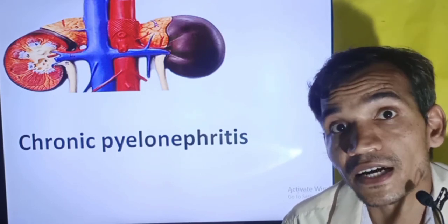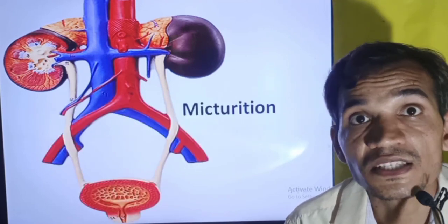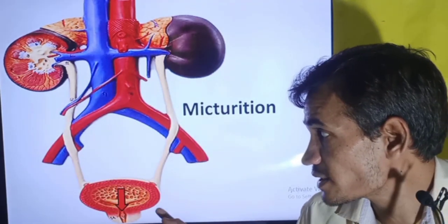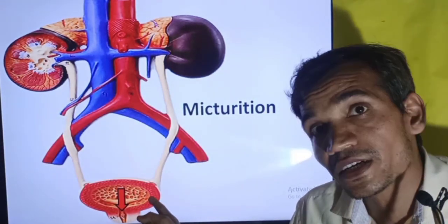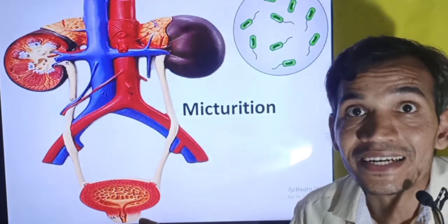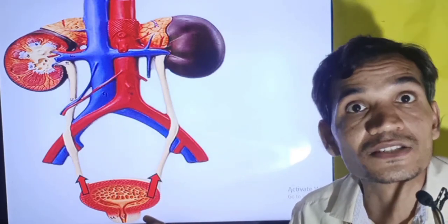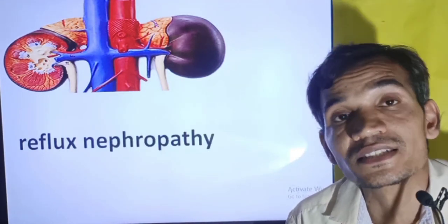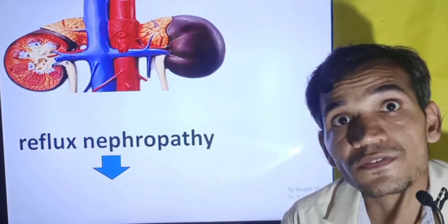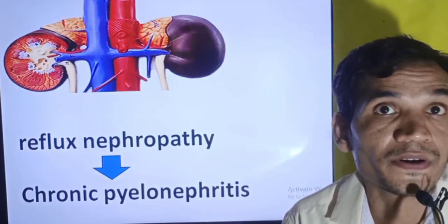Chronic pyelonephritis is explained by two separate causes. One of them is disturbance in micturition, where micturition is the movement of urine from the urinary bladder to the urethra. If a pathogen attacks it and opposes the flow, the urine turns back towards the ureter, which is called reflux and causes reflux nephropathy. Reflux nephropathy again develops into chronic pyelonephritis.